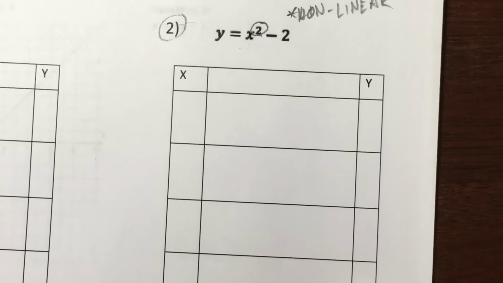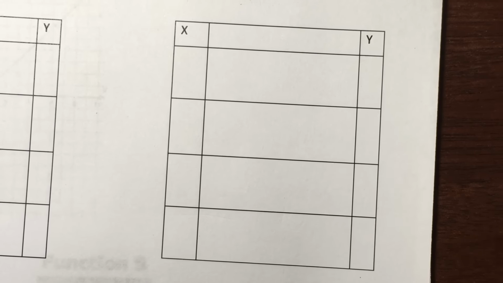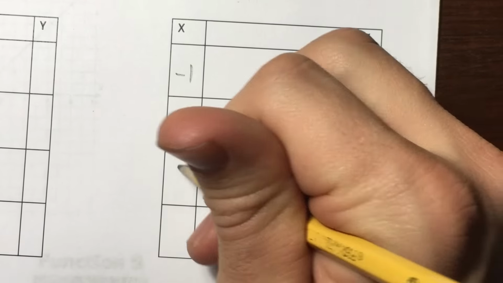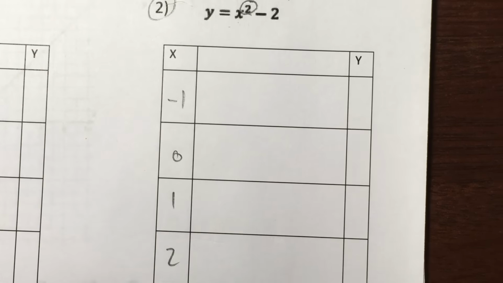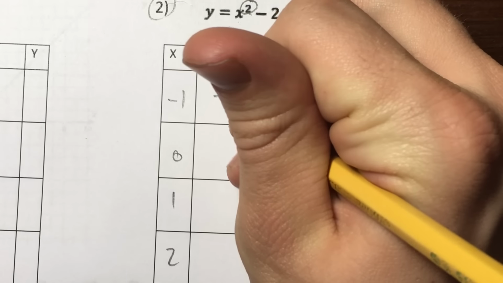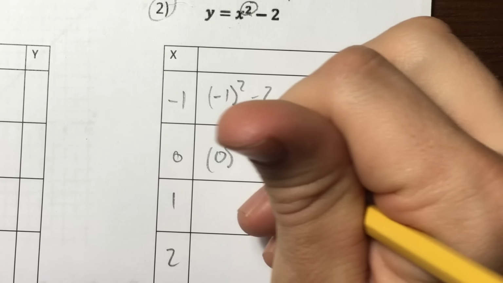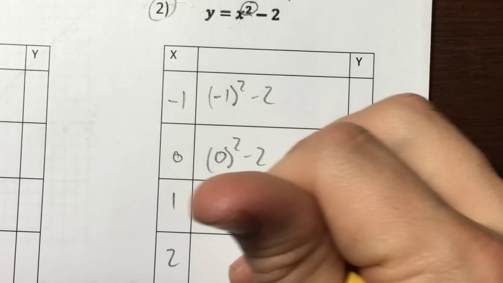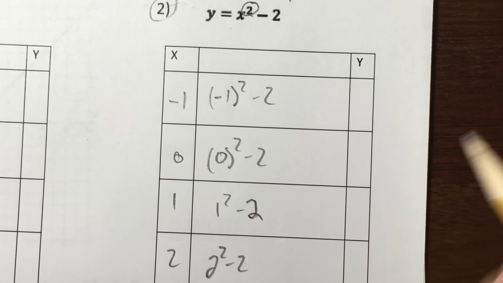So to prove that this is nonlinear, we're just going to pick a couple x values and calculate a rate of change. So we can pick x values -1, 0, 1, and 2. Now if we substituted these into the equation for x: -1 squared minus 2, 0 squared minus 2, 1 squared minus 2, and 2 squared minus 2.